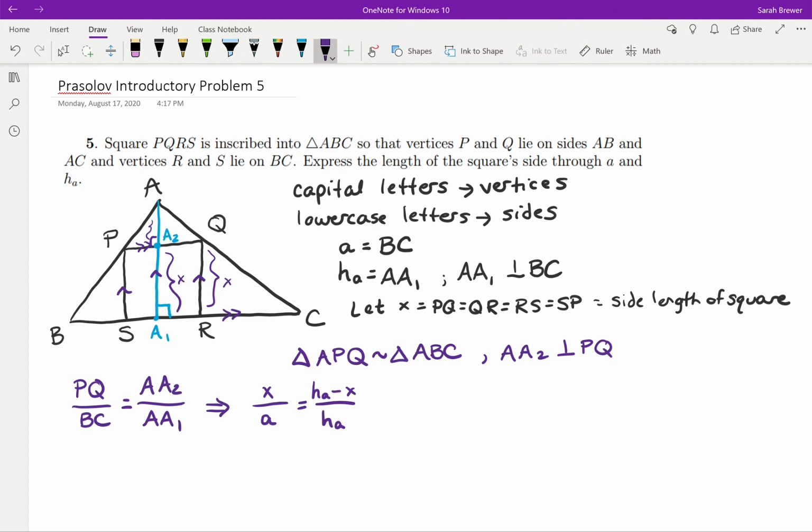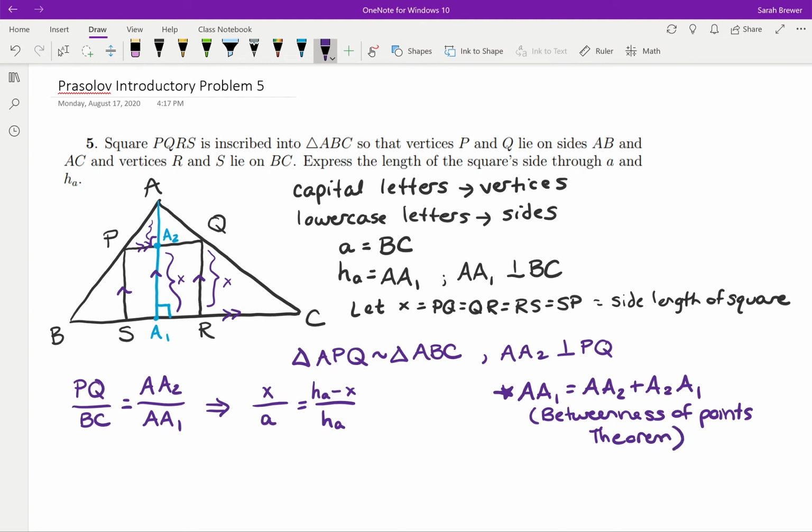So hopefully that makes sense. I'm going to put a little note here that AA1 is really the same thing as AA2 plus A2A1. That's a statement that we use a lot called the betweenness of points theorem. And so this statement that AA2 is HA minus x is really just a rearrangement of that theorem.